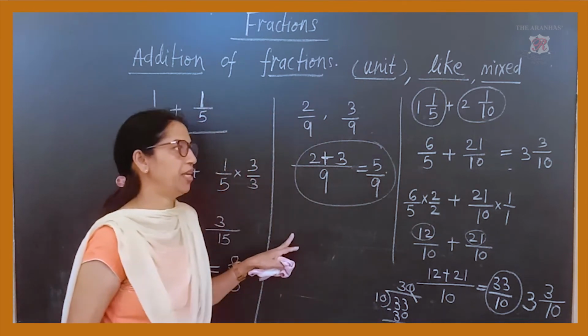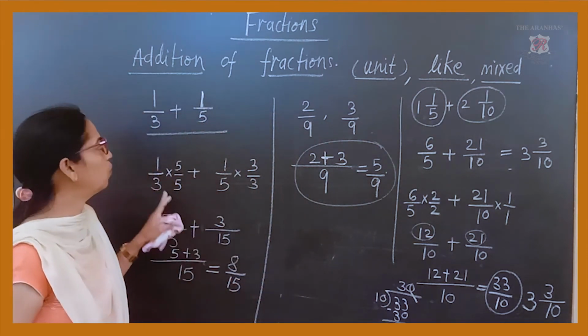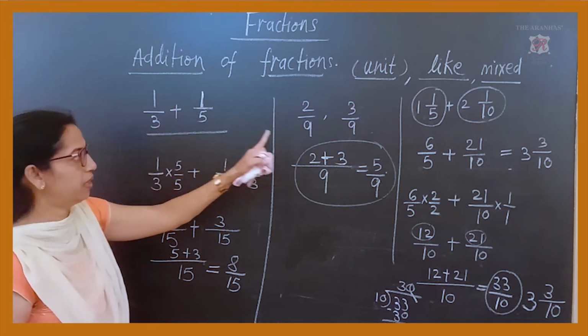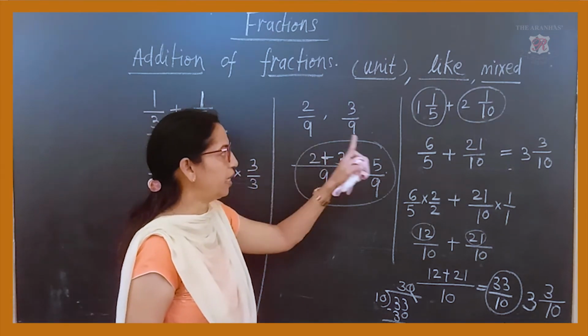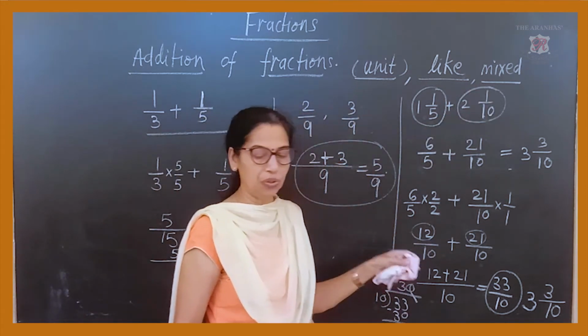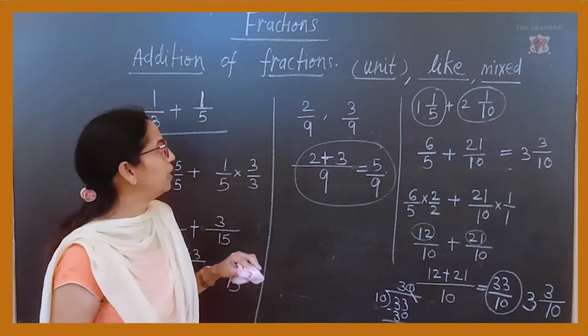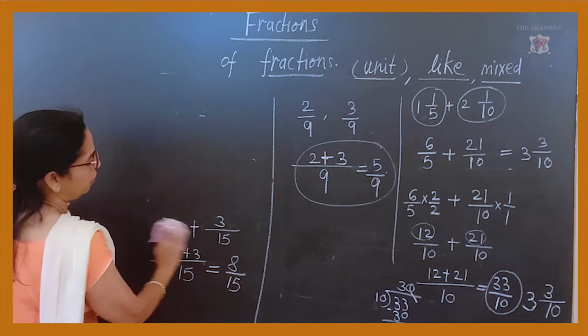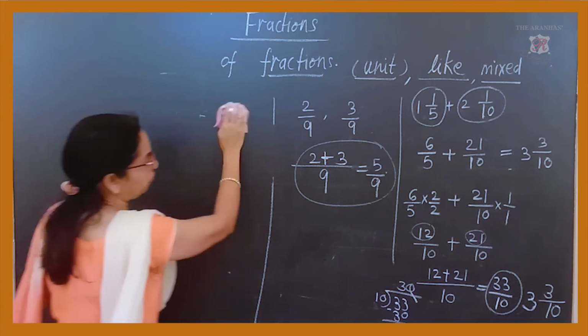So in this way you can carry out the addition of unit fractions, then like fractions, and then mixed fractions. Now the next part, that is subtraction of the given fractions, we will pick.